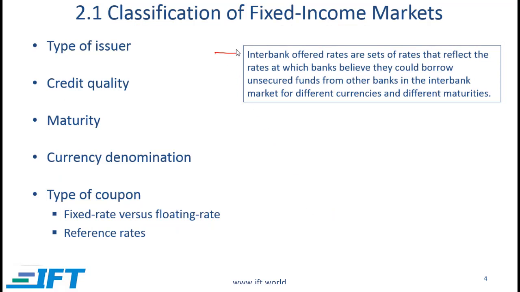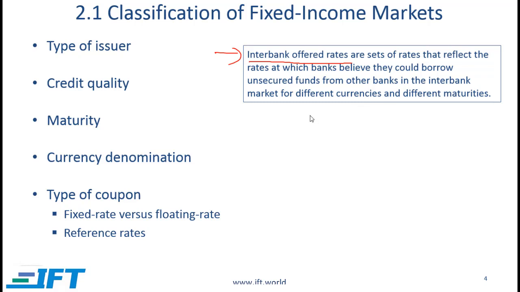It is important for you to understand the definition of the interbank rate. Interbank offered rates are a set of rates that reflect the rates at which banks believe they could borrow unsecured funds from other banks in the interbank market for different currencies and different maturities.